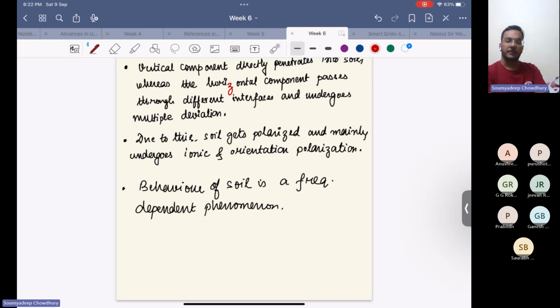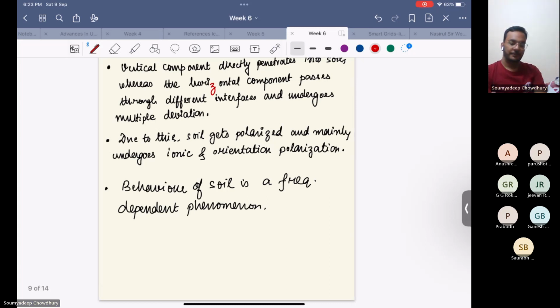There are two components of the permittivity: the real permittivity and the complex or imaginary component of permittivity, which is frequency dependent and higher for higher frequencies. As the frequency of the signal changes, the soil will behave differently. For an impulse signal or a high frequency signal, soil will behave as a multi-dielectric, whereas for a power frequency signal, it might behave as a single dielectric.